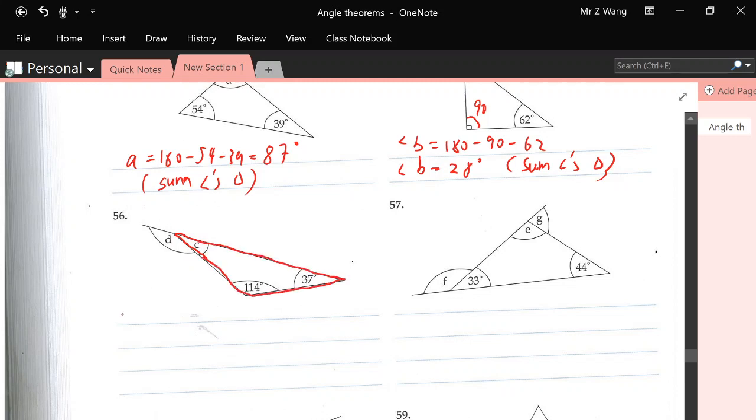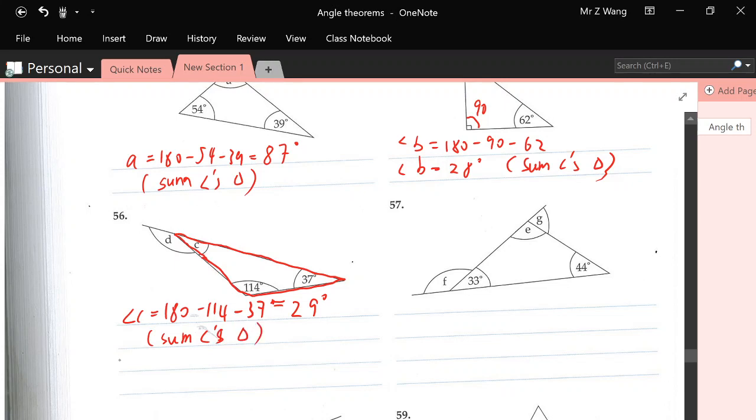So that the angle C can be figured out easily using 180 minus 114 minus 37 equals, let's say, 29 degrees. Now again, sum of angles in a triangle, right?